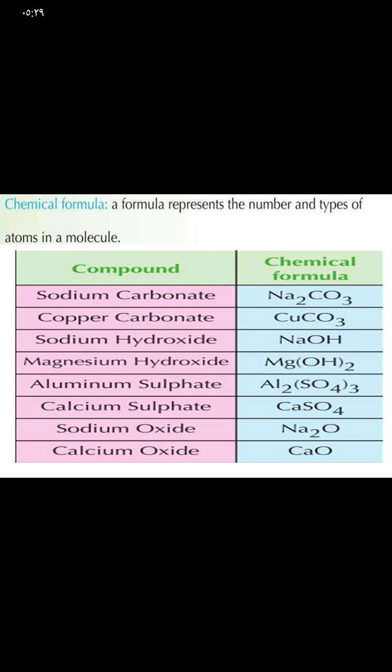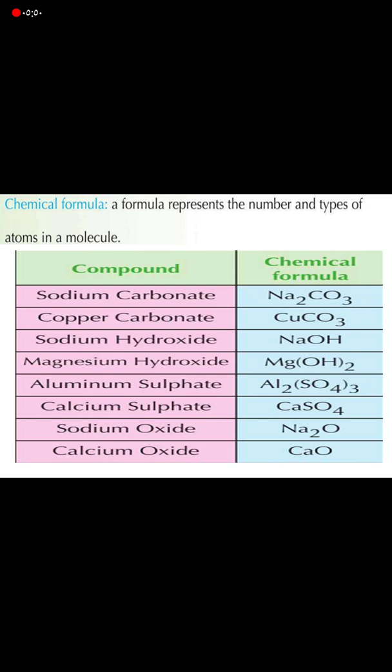Copper carbonate, CuCO3. Sodium hydroxide. Sodium is the element. Hydroxide is an atomic group. They combine to each other to form, excellent, NaOH. Magnesium hydroxide, Mg(OH)2. This number 2 is the valency of magnesium.